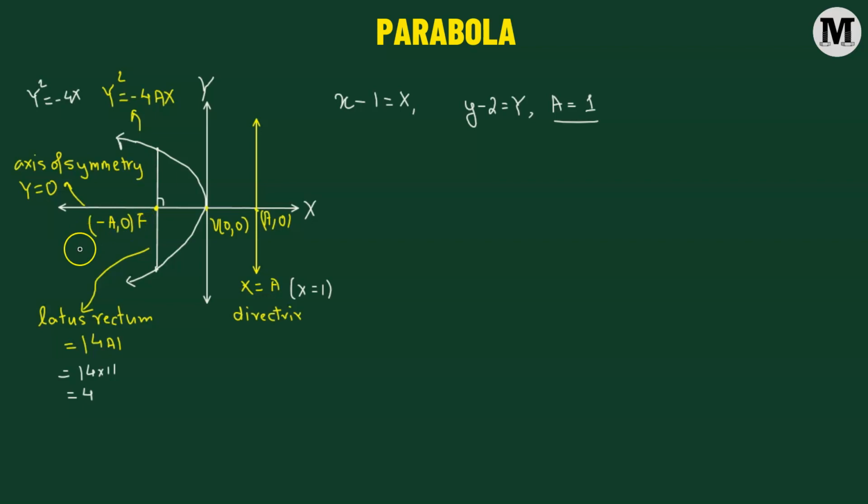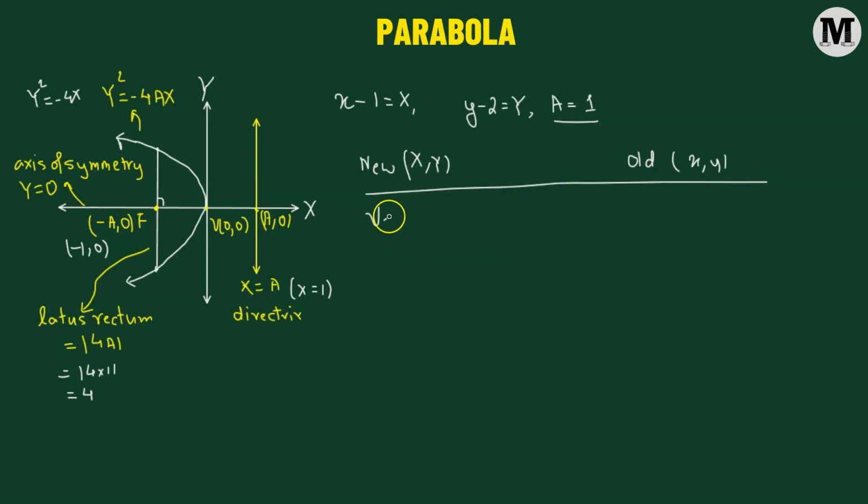Then the coordinates of the focus are going to be negative 1, 0. And the axis of symmetry is going to stay as y equals 0. Using this information, we will try to find out the coordinates of the parabola with respect to the old coordinate system, that means with respect to x, y. We have the values with respect to the new coordinate system, X, Y, and we'll try to express them in terms of the old system. So let us begin.